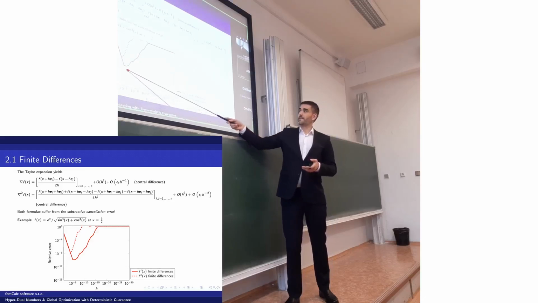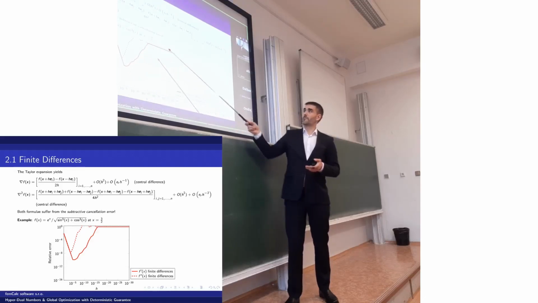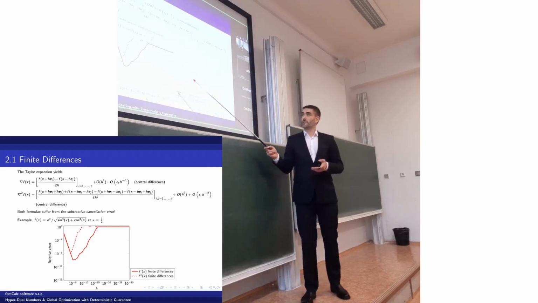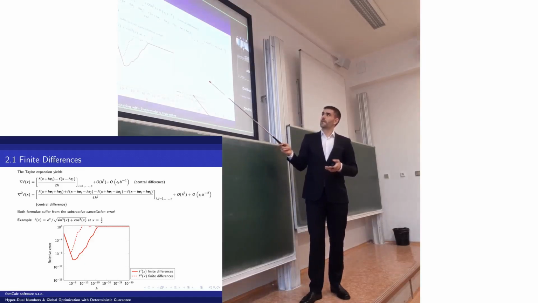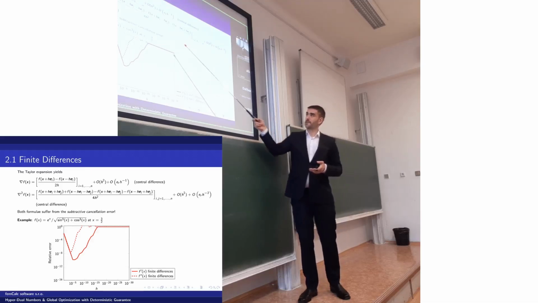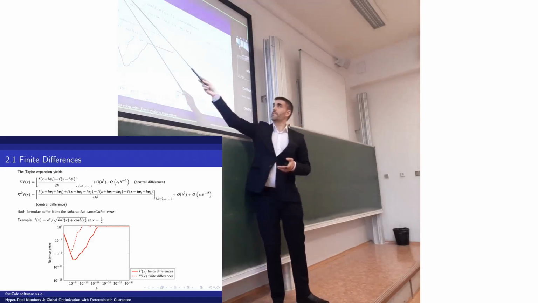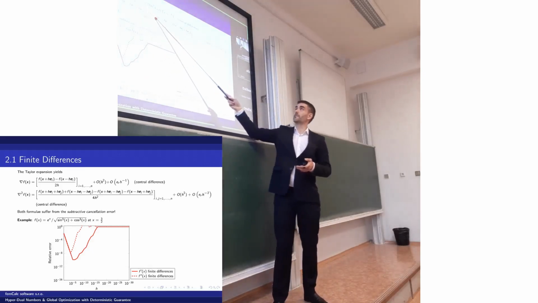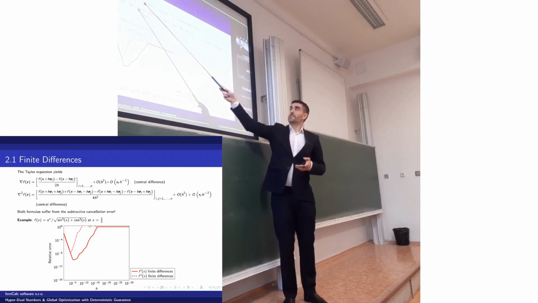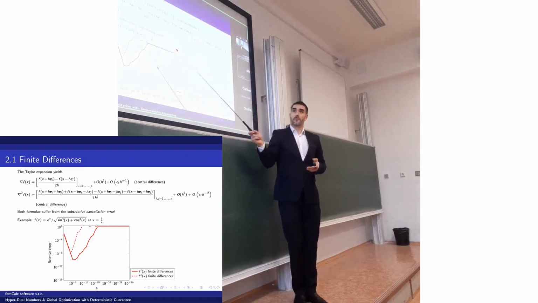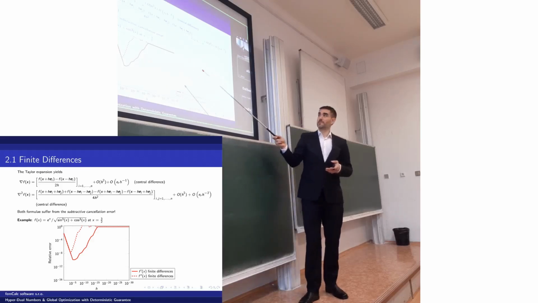But then suddenly the error starts to grow because of the round-off error, which goes to infinity. And the reason for this unpleasant behavior is the subtraction in the numerator, where we have a minus here and here as well, and we subtract two values that are very similar. So this causes this problem.